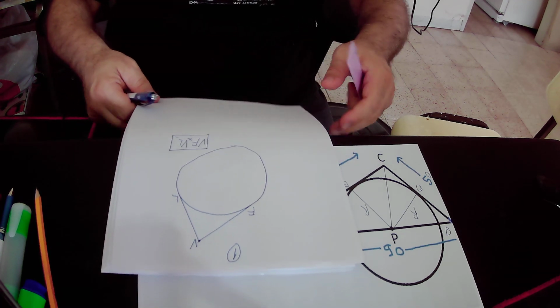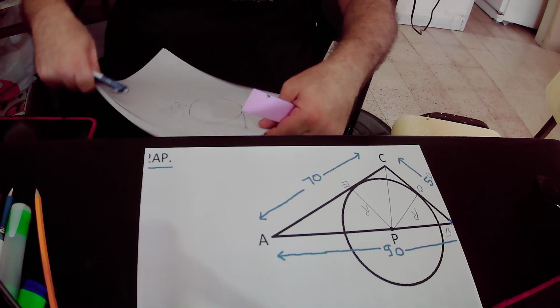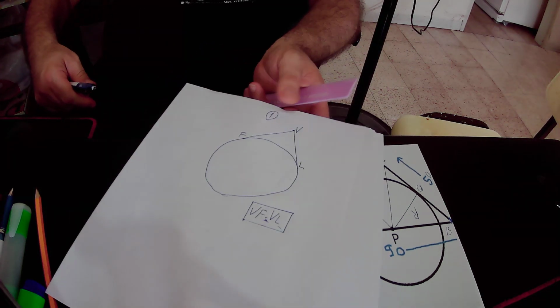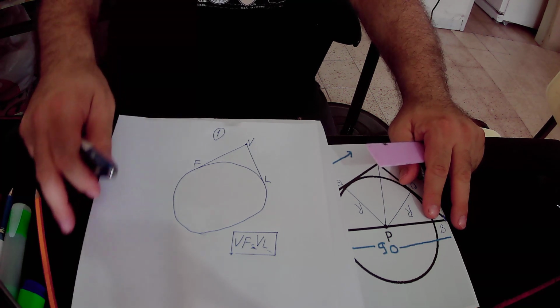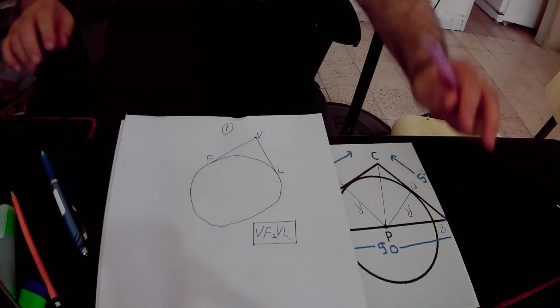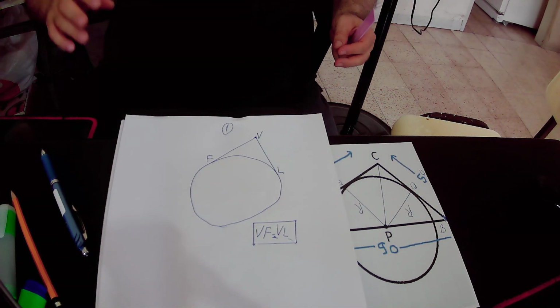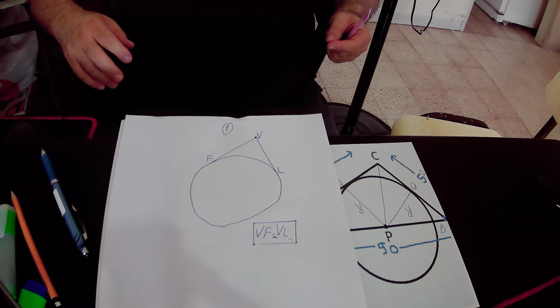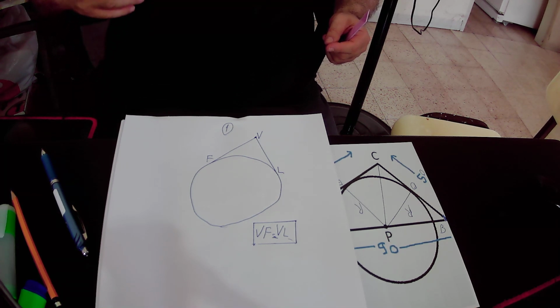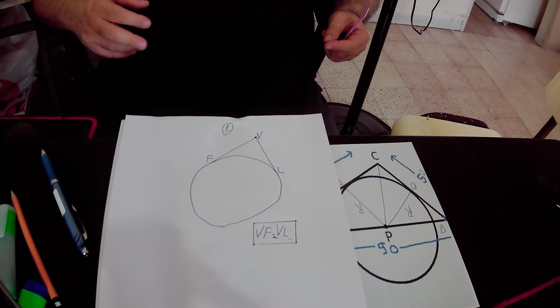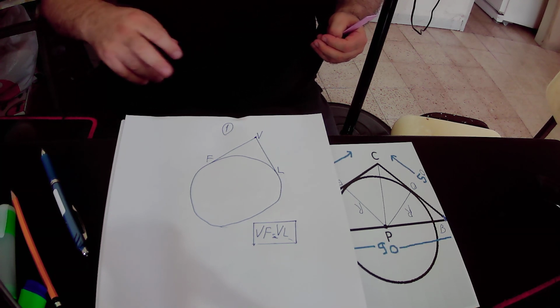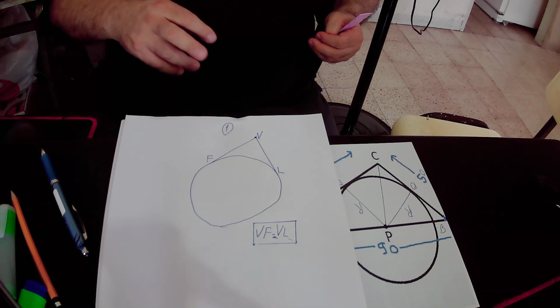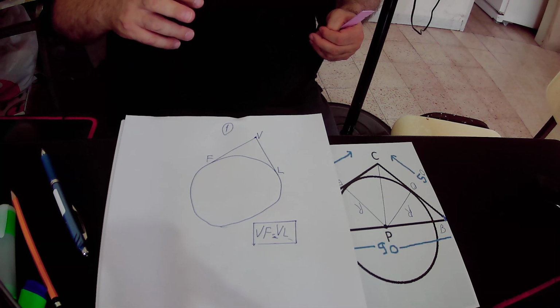Okay, so actually that rule is correct for every circle. If you have an external point of a circle and you draw from that external point two tangents to the circle, then those two tangents are equal to each other.